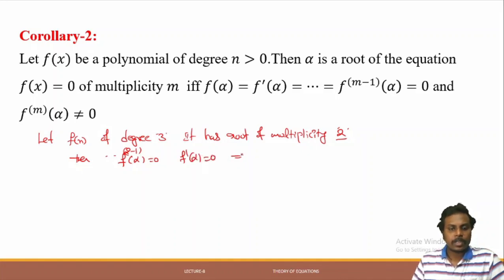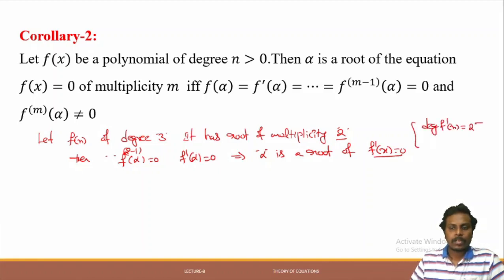This implies alpha is a root of f dash x is equal to 0. Okay, and what is the degree of f dash? Degree of f dash x is equal to 2, and solving a quadratic equation is easy.